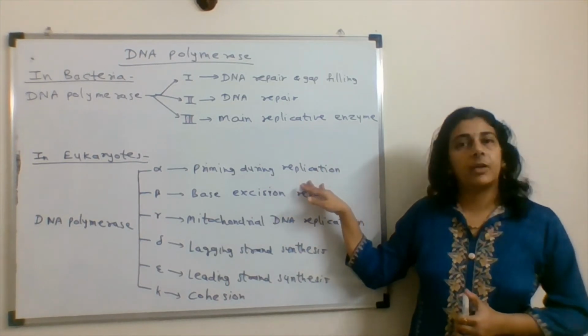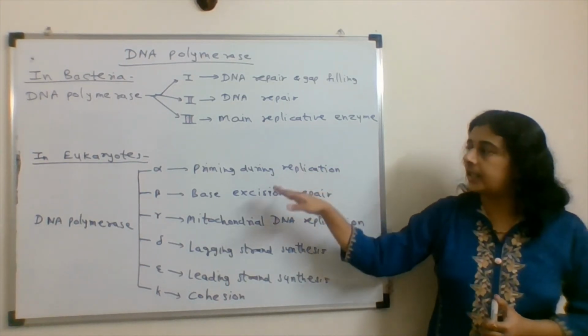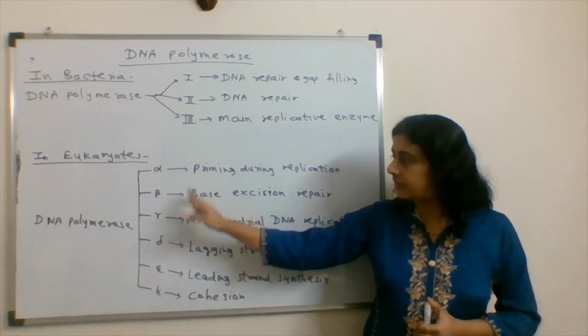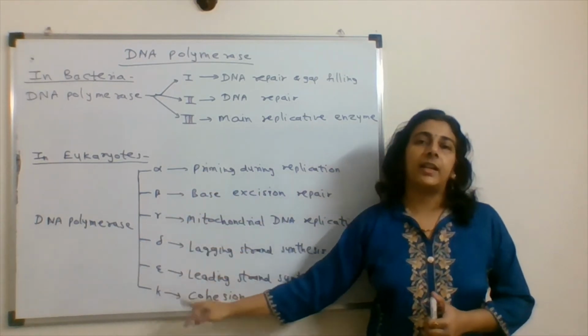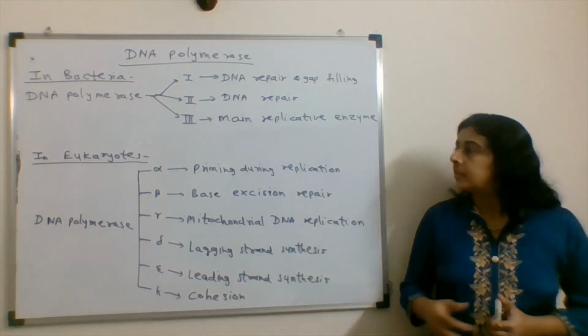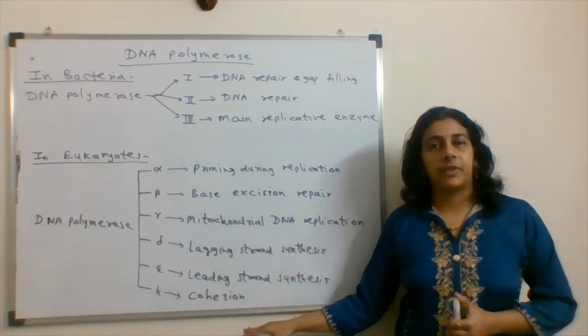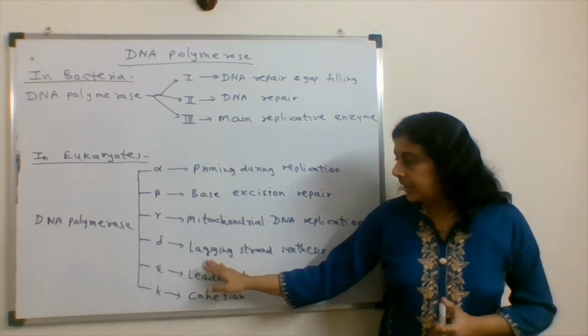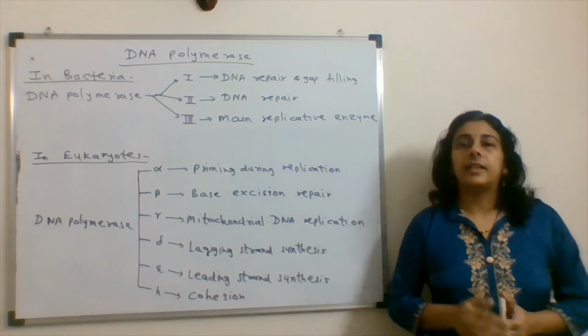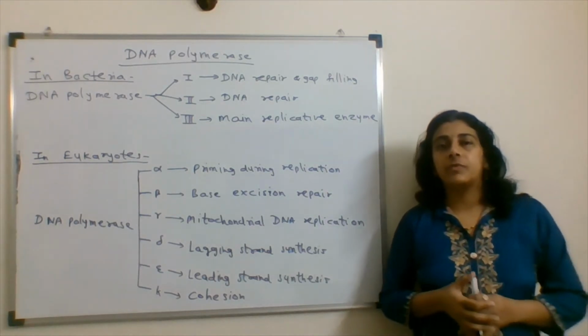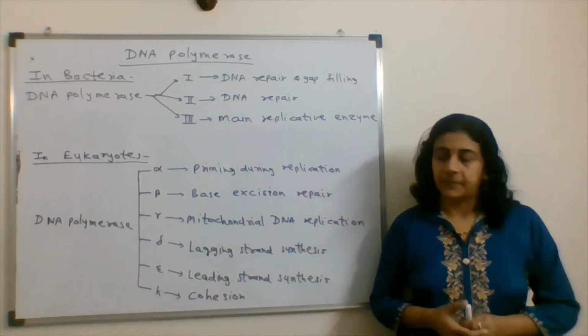When we think about eukaryotes, the DNA polymerases are of type alpha, beta, gamma, delta, epsilon and kappa. They have different functions. Delta and epsilon are the DNA polymerases used for DNA synthesis.